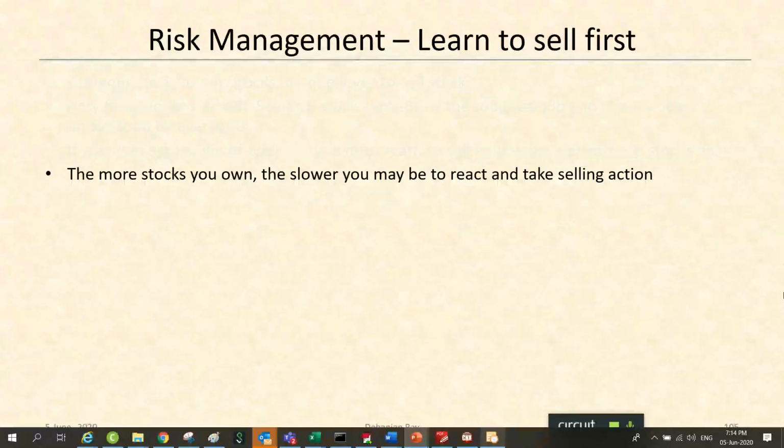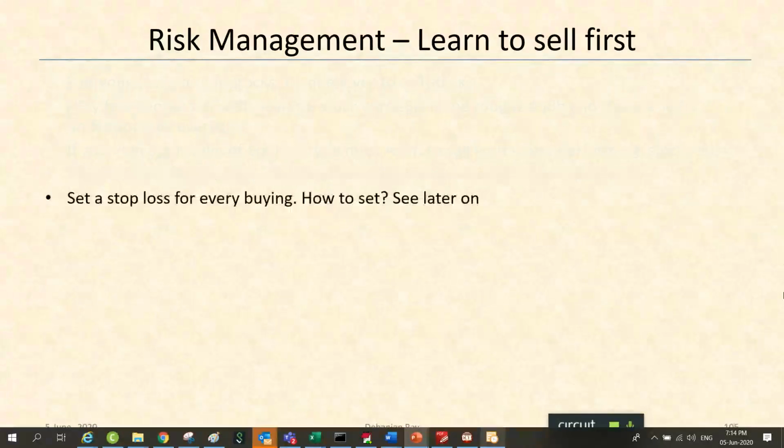Now set a stop loss for every buying. How to set? We'll see. Which means, for example, today you are buying a stock at 100 rupees. For this particular buying, you will have to set a stop loss. How to set a stop loss? I will show you later on.